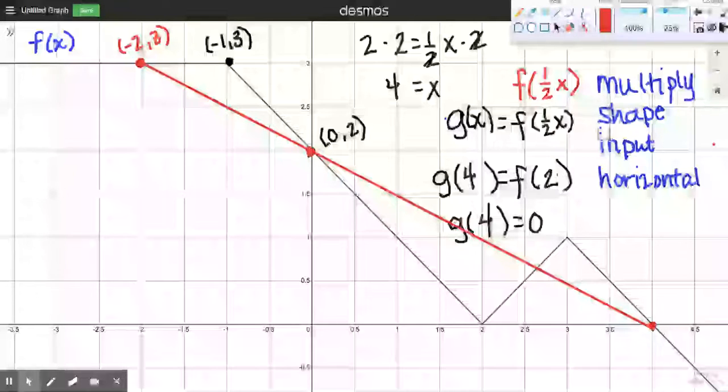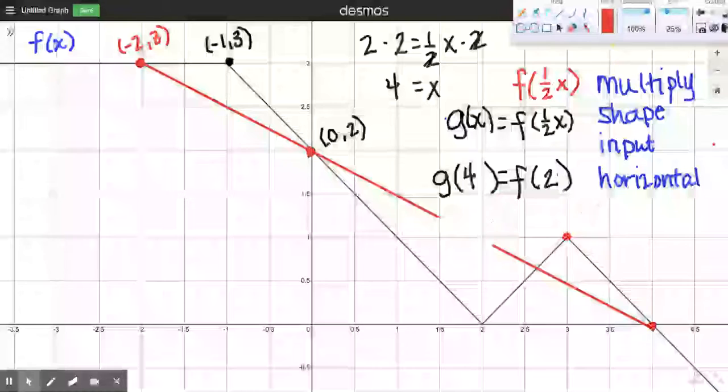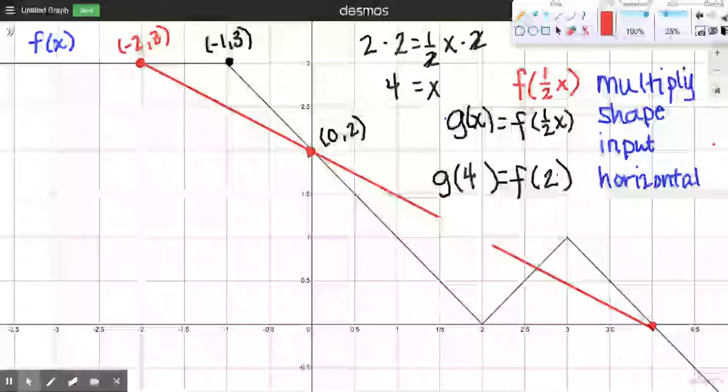Let's do one more point, maybe to really take it home, and that would be this point 3, 1. Let's not make it red because it's actually on the original function. So we've got this point here, 3, 1. So f of 3 is 1.